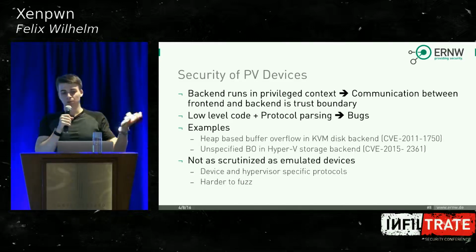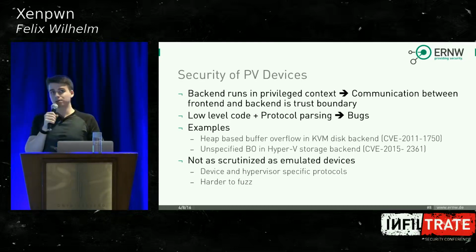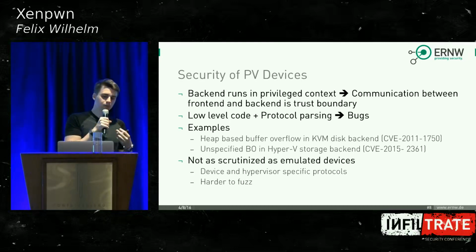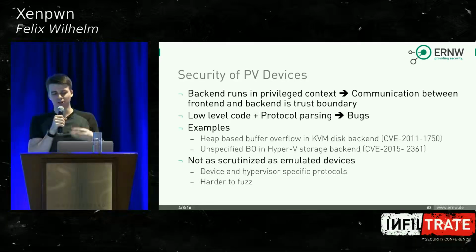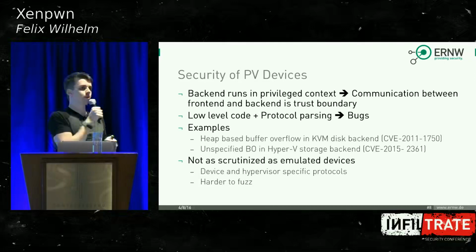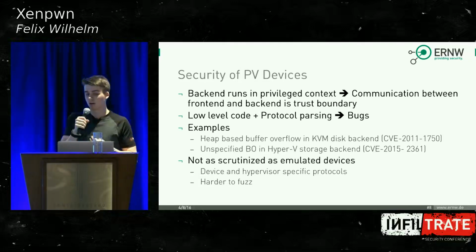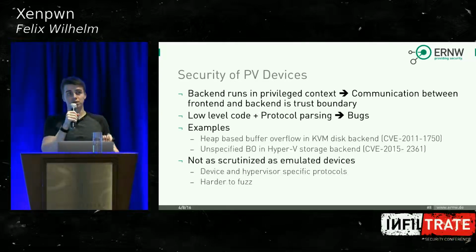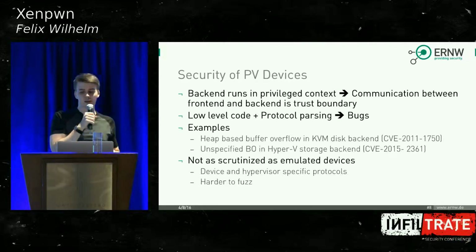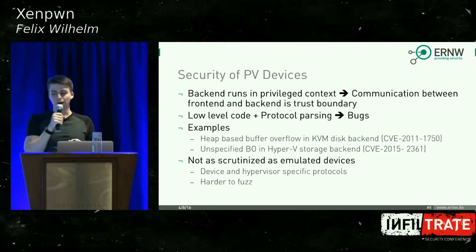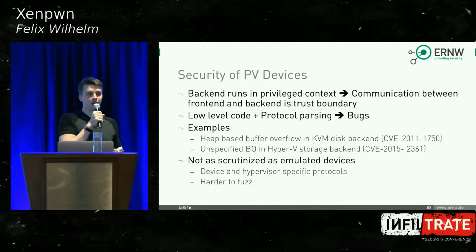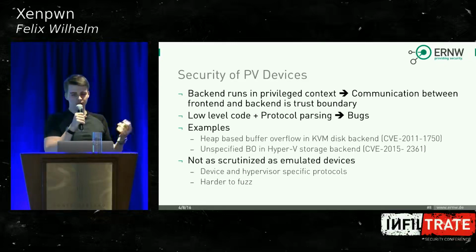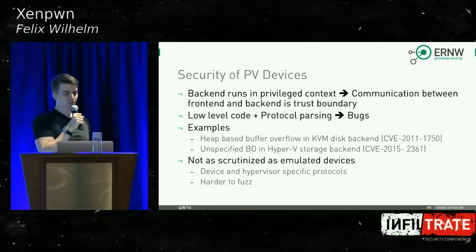And of course, if you combine low-level code and protocol parsing, you will have a lot of bugs. Interestingly, not that many bugs are actually published in these code paths, so that speaks for the quality of the backend code, or that not that many people are looking at it. But there are a couple of examples. For example, there was a heap-based buffer overflow in the KVM disk backend, released sometime in 2011.